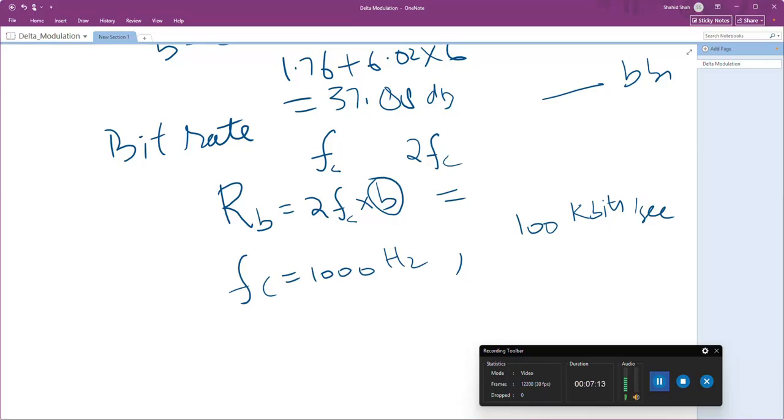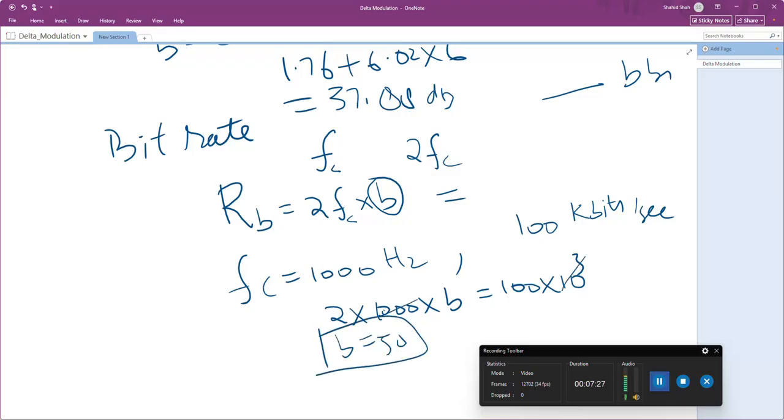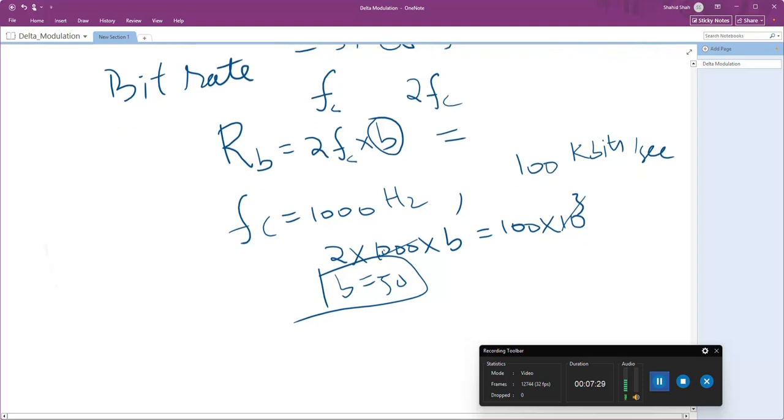Let's see, we can solve it. So it is 2 times 1000 times b equal to 100 times 10 to the power 3. You can see that this and this get cancelled, so b is equal to 50. So you need to map each level to 50 bits, for example.